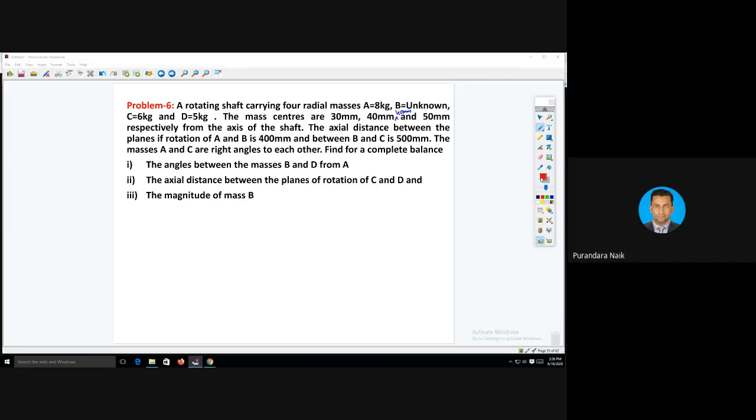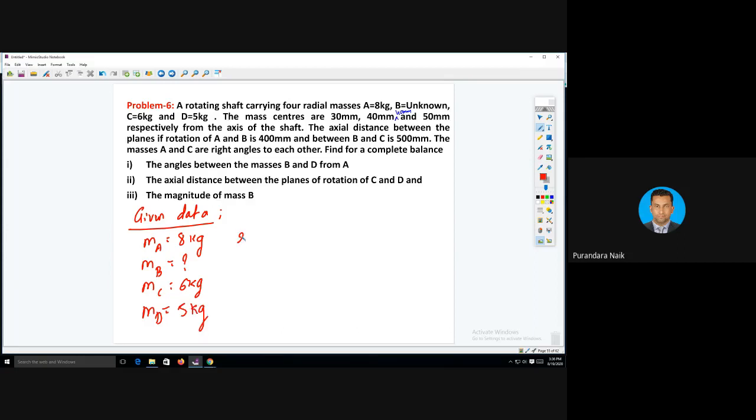Here we have mass A, that is MA. MA is given, that is 8 kg. MB is unknown. MC is given, 6 kg. MD is also given, that is 5 kg.